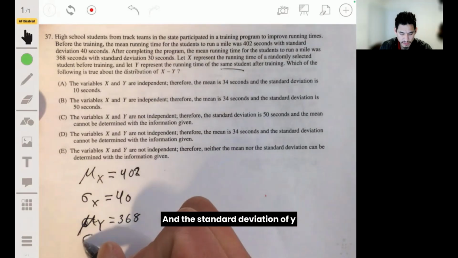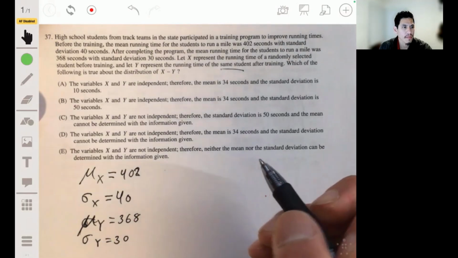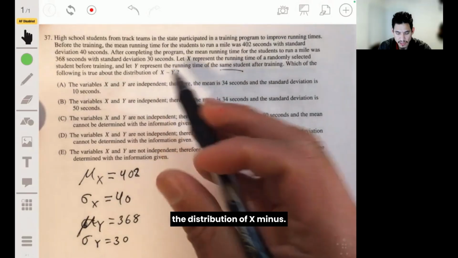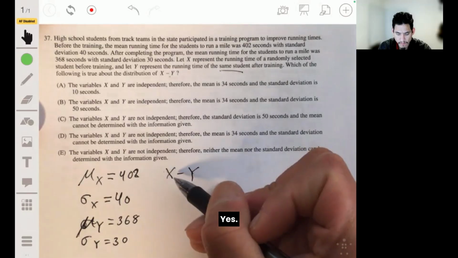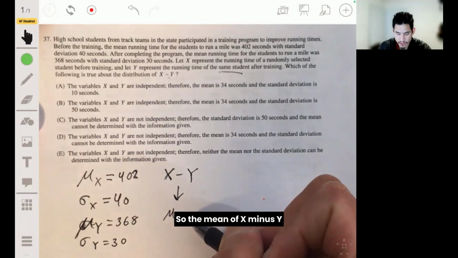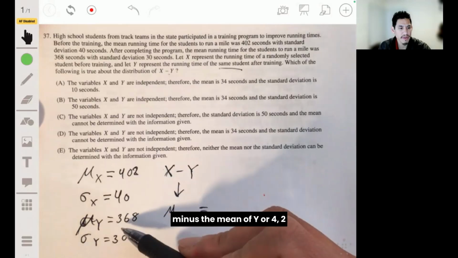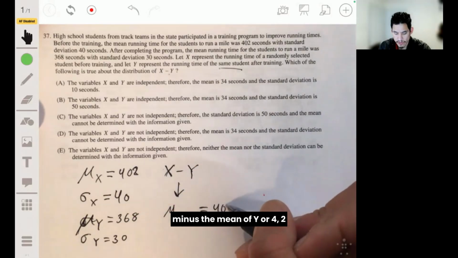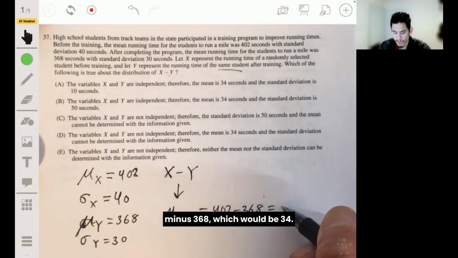The standard deviation is 30. We're studying the distribution of X minus Y. So the mean of X minus Y would be equal to the mean of X minus the mean of Y, or 402 minus 368, which would be 34.